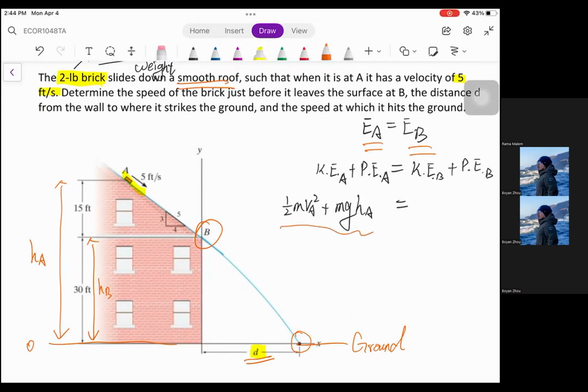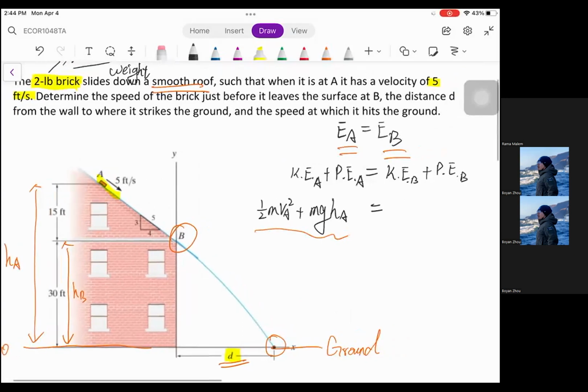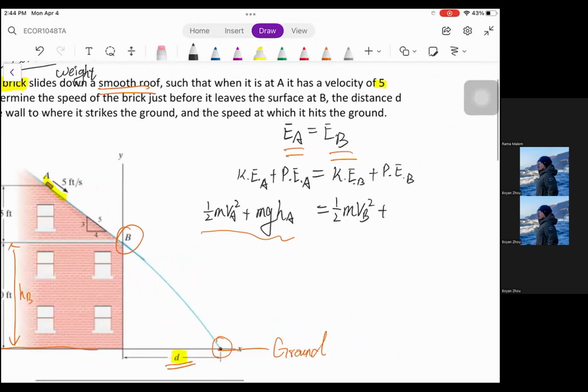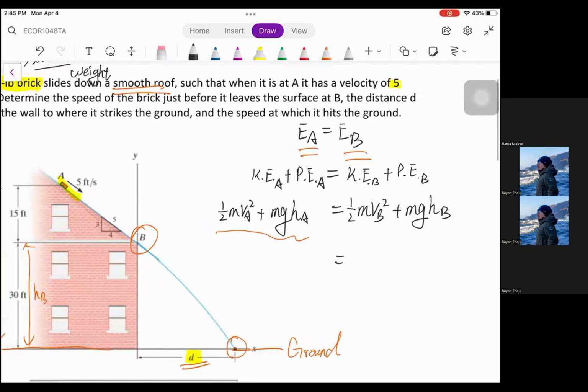Those are the energy for the brake at location A, and everything is going to be equal to the energy at location B. So the same thing: the velocity at location B plus the potential energy at location B. So here we have the equation, and then we just need to plug in the numbers to find the answer.